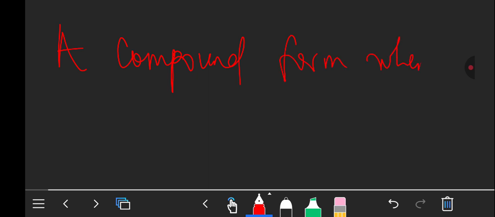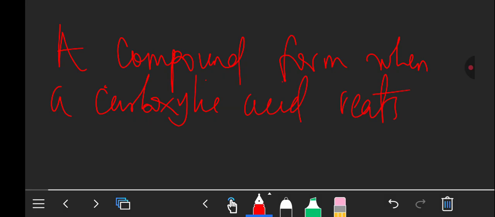Now, you can also define this ester as a compound formed when a carboxylic acid reacts with an alcohol.